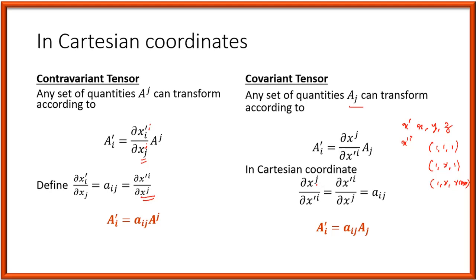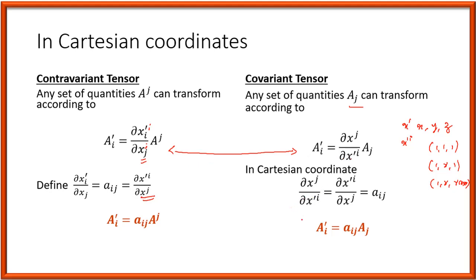That is, dou xj by dou xi dash can be reversed as dou xi dash divided by dou xj, and the equation remains invariant. Therefore, this equation becomes similar to the contravariant vector. See, if I reverse this equation, both these equations will become similar.